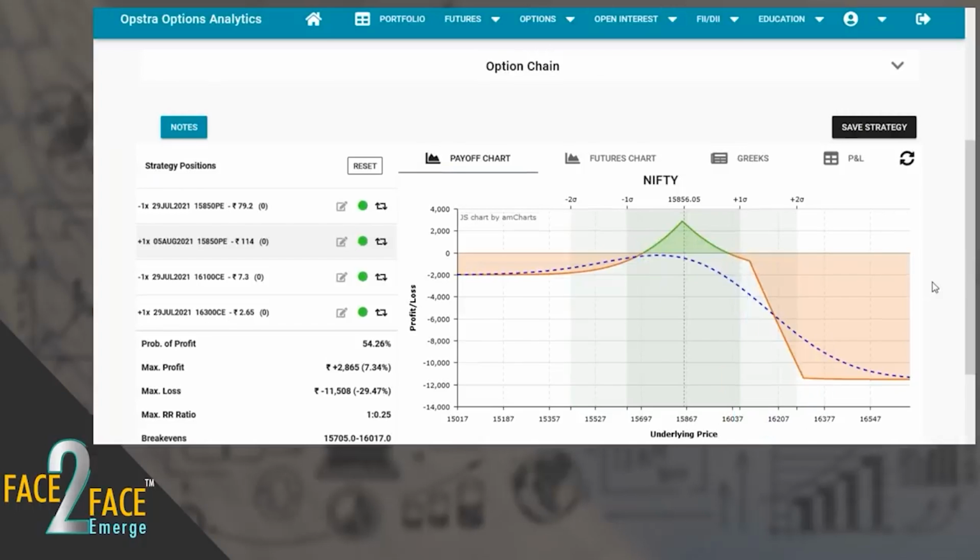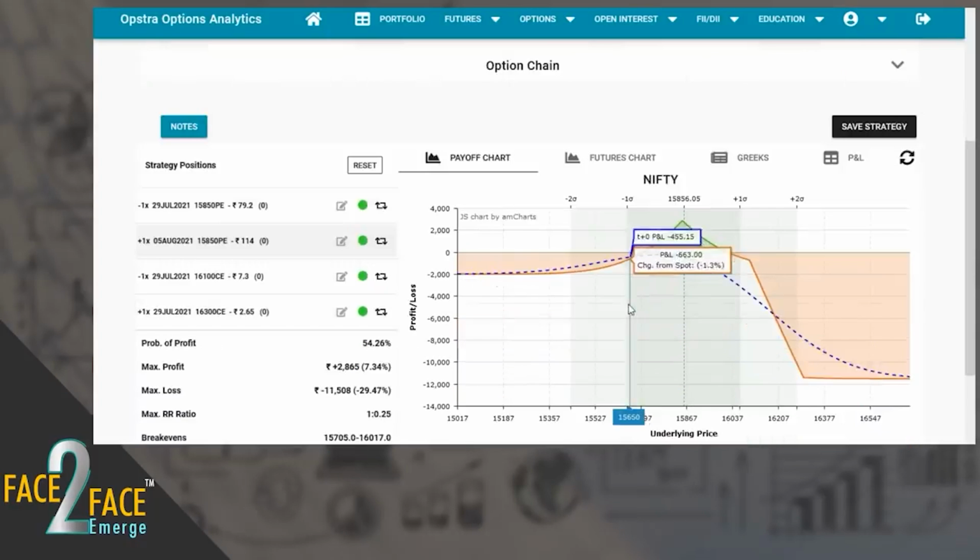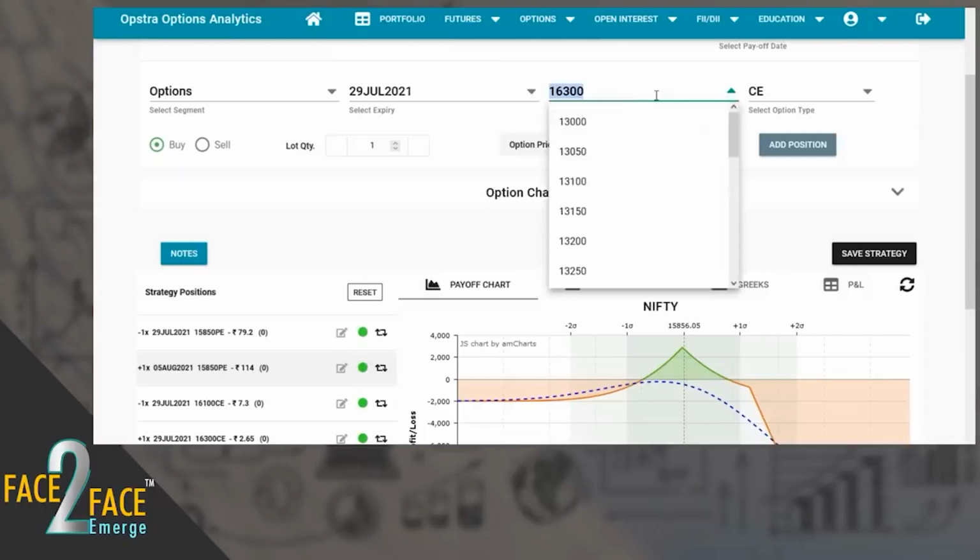Now exactly the same thing you will do on the downside, where you go to the 1 sigma line, and you see that approximately 15650 is the downside that the software is telling you. As I mentioned, we will be more conservative, we will take one strike lesser.